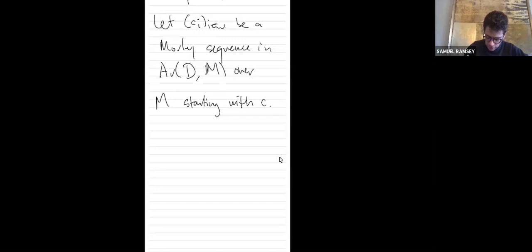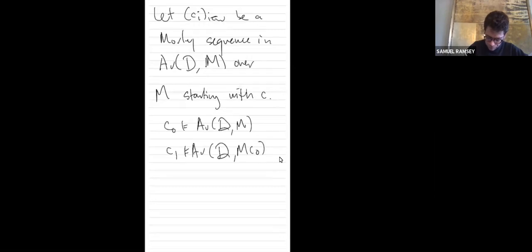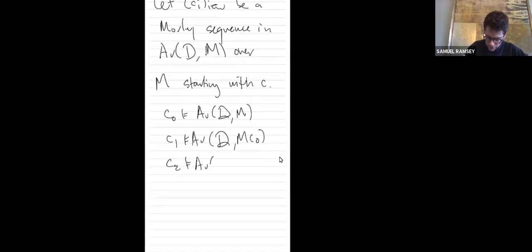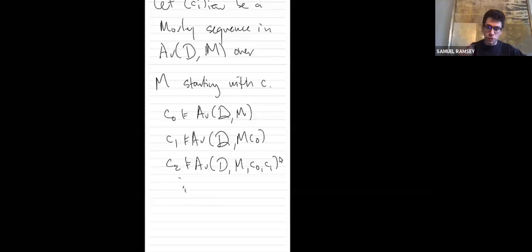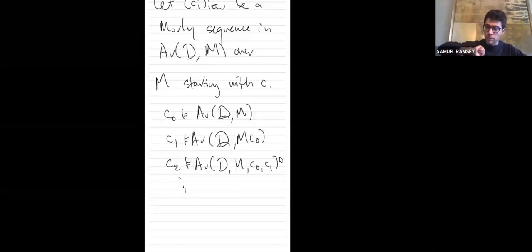I just mean that C0 realizes the average of D over M, and then you choose some C1 to realize the average of D over M C0, and C2 will realize the average of D over M C0, C1, and so on and so forth. This is what we call a Morley sequence in a finitely satisfiable type. You just realize it inductively over the previous ones. And so you know that C_i, i less than omega, is M-indiscernible.